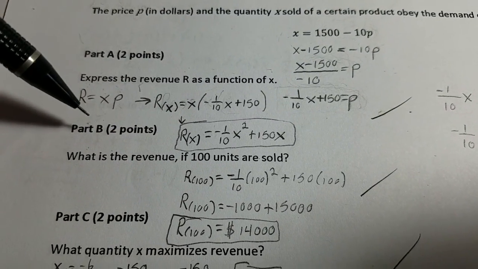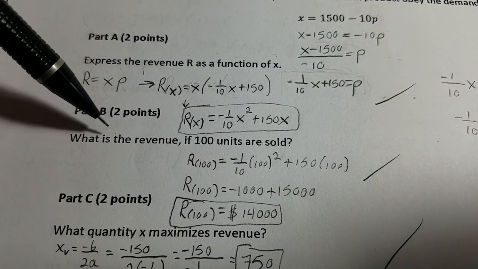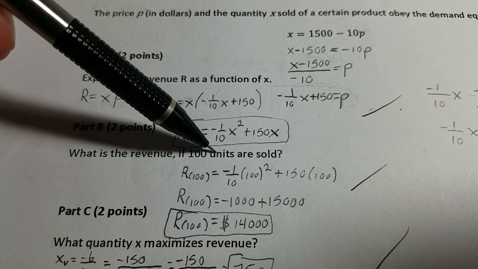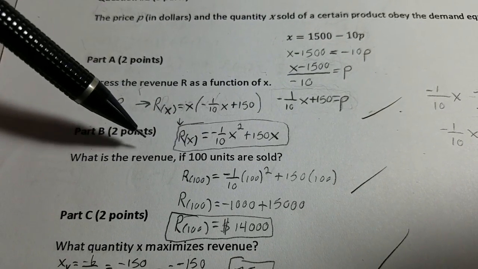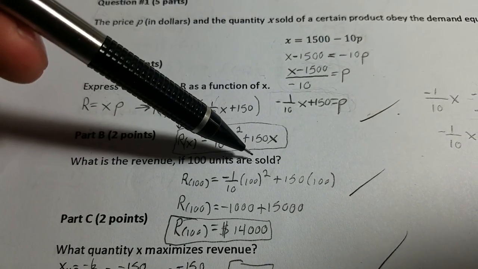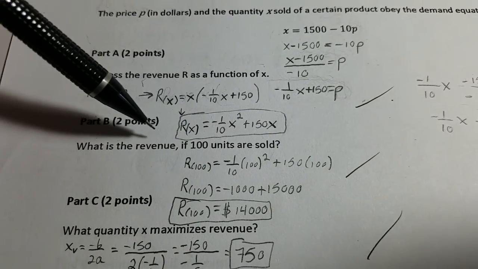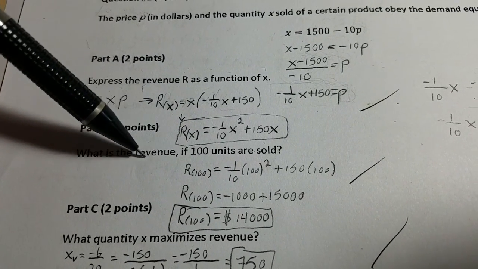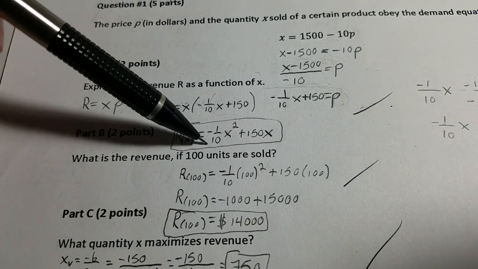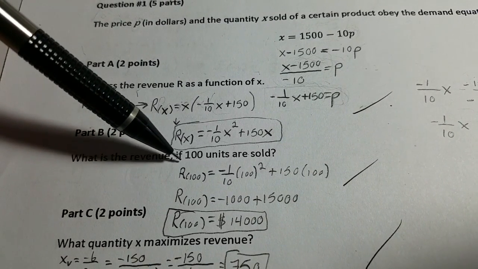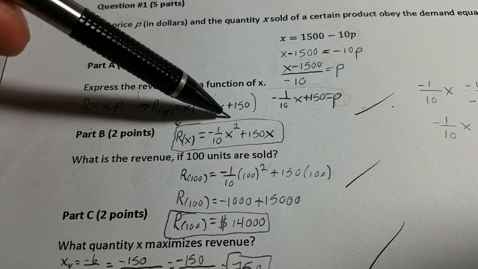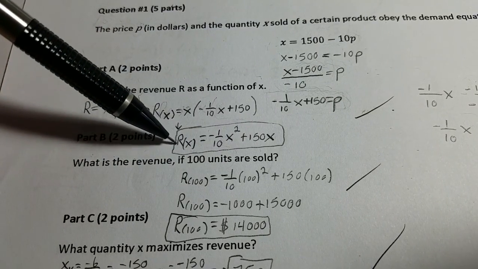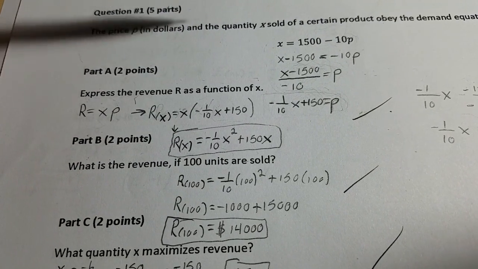Now, for part B, it says, what is the revenue if 100 units are sold? If 100 units are sold, you need to find the revenue. Since you see this word revenue and they give you a certain amount of units that have been sold, that means you're going to use the formula that you found here, which is the revenue formula for this specific problem.